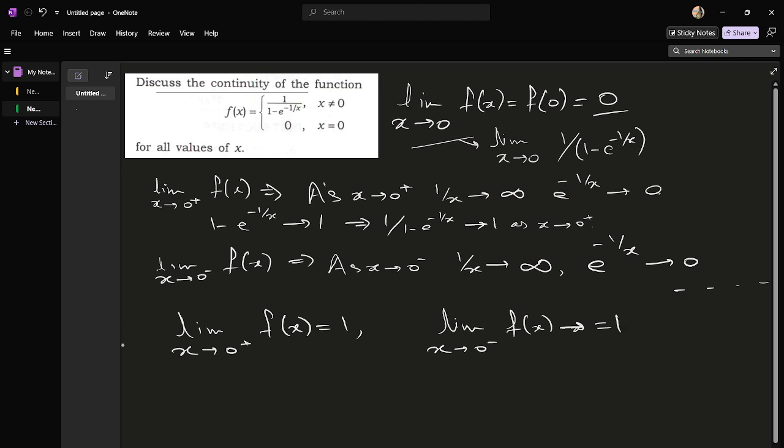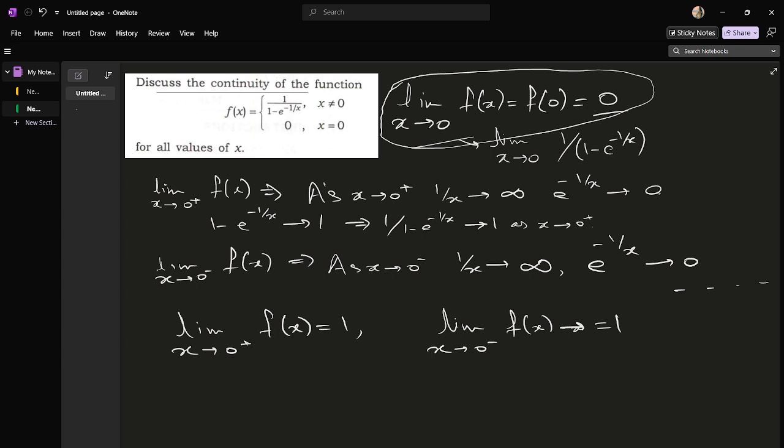But we are trying to make it continuous at the point x equals 0, and we can easily see that from the right side the limit is 1, and from the left side the limit is also 1.